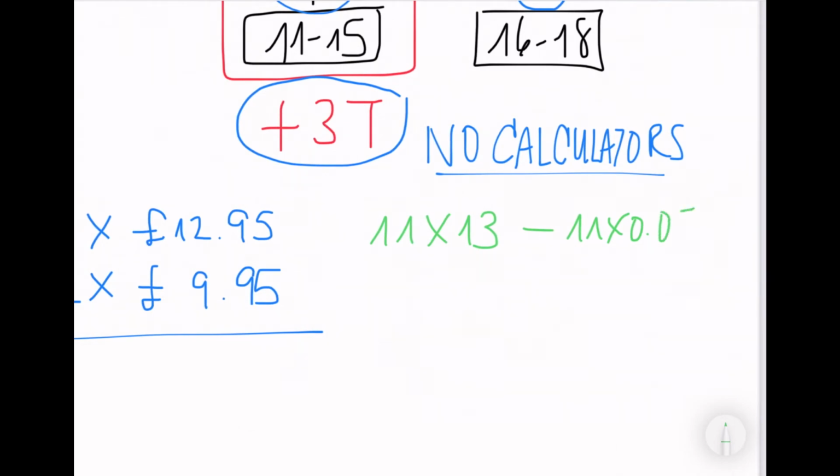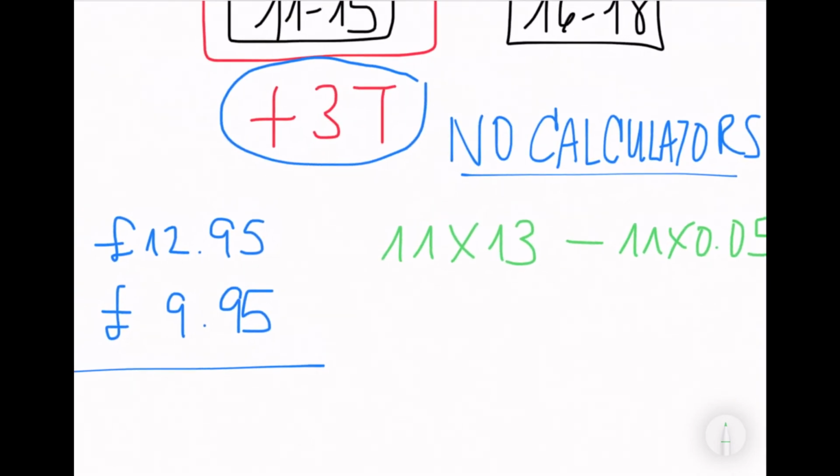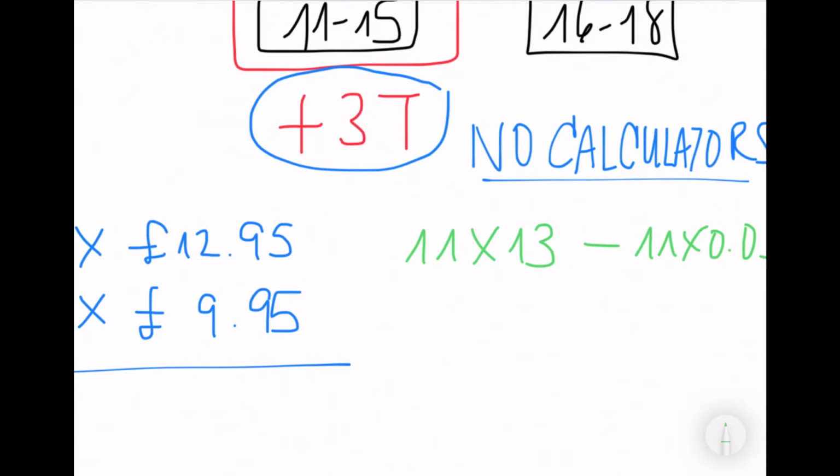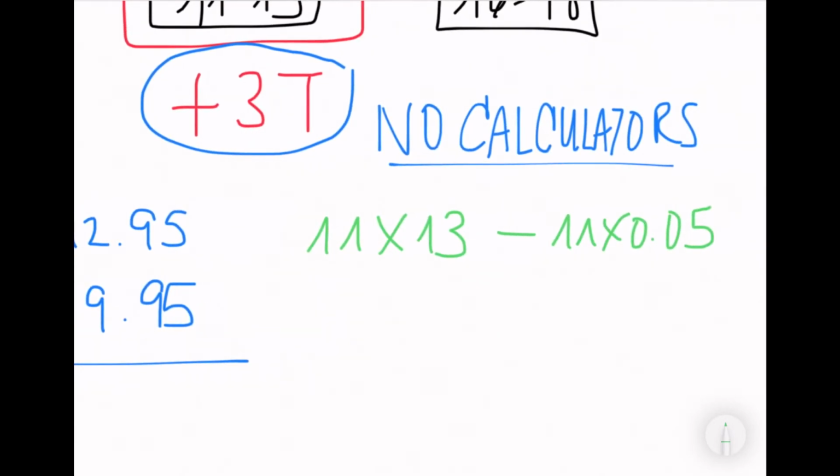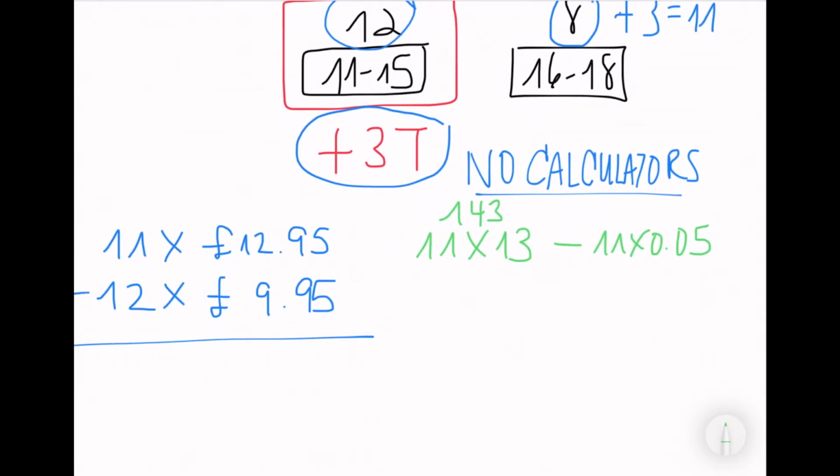0.05. So 11 times 13, okay, so 11 times 11 is 121, plus 2 more 11s, so that's plus 22, so that comes out to 143. Okay, so this equals 143. And then for the second part of the equation here, we'll do 12 times 10 pounds, that equals 120.